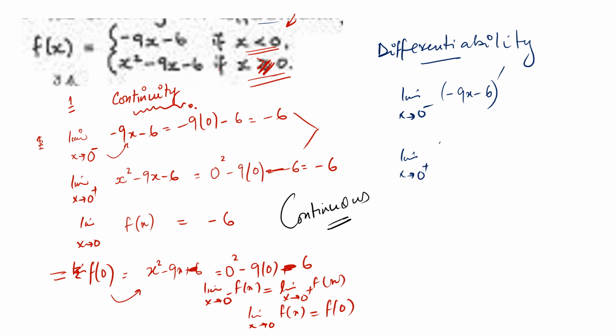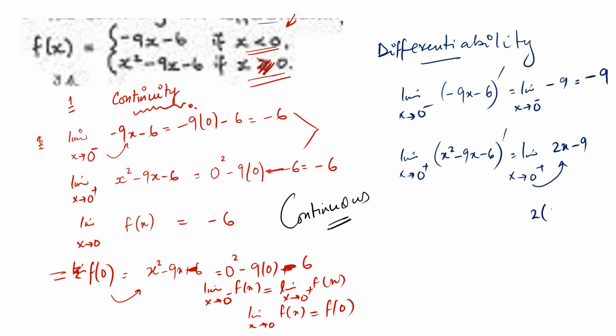Similarly, take the derivative of the function from the right-hand side. The derivative from the left side is minus 9, and from the right side the derivative is 2x minus 9. Now apply the limit. On the left there is no x, so I get minus 9. On the right, 2 times 0 minus 9, I get minus 9.